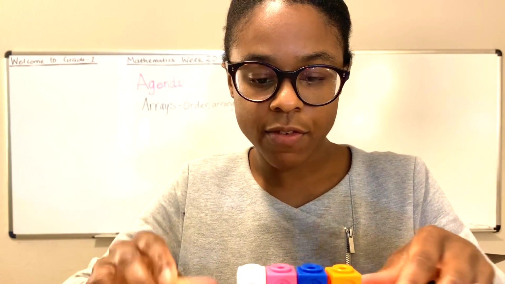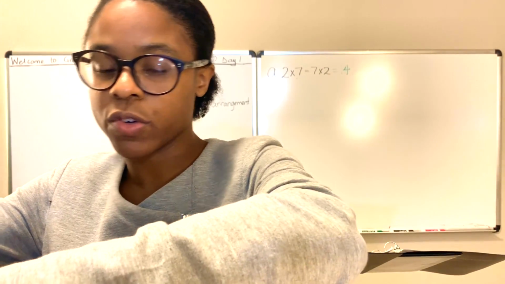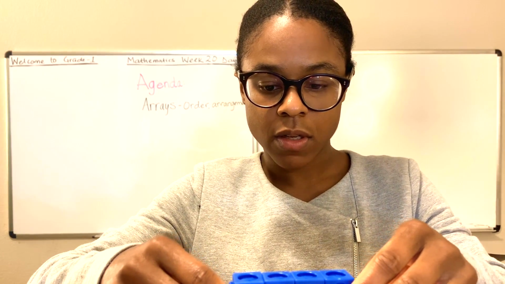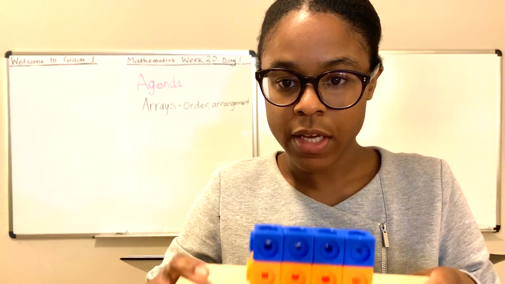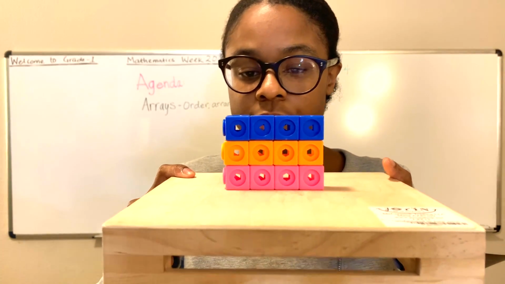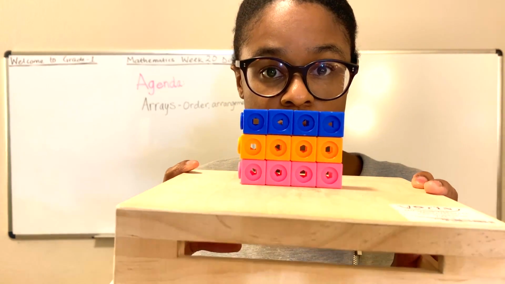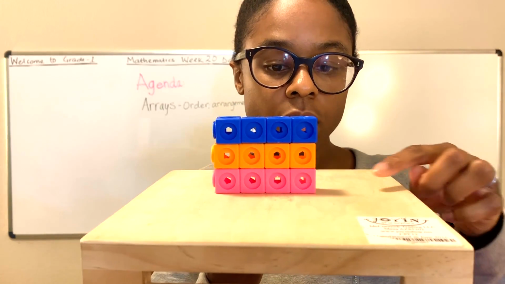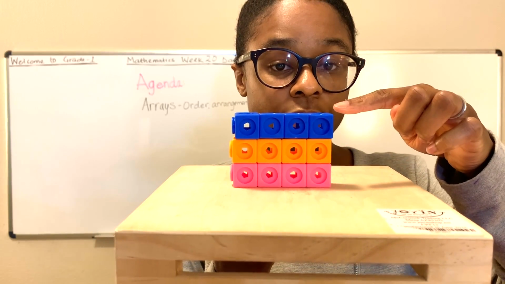What would happen if we were to arrange this differently or create a different array, a different order or arrangement? Well, here it is. Now instead of 3 cubes times 4 groups, now we have 1, 2, 3 groups.